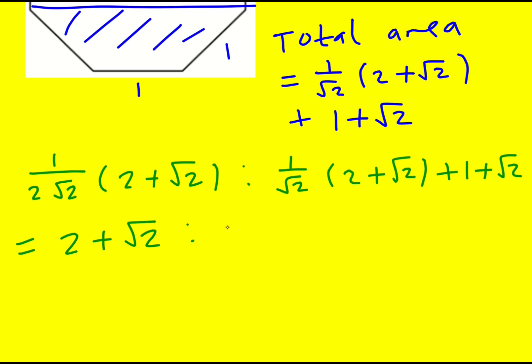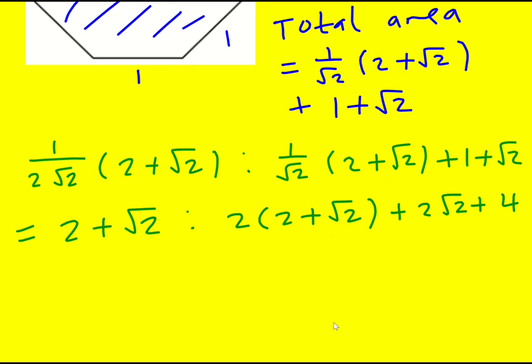So when I times this by 2 root 2, I'm going to get 2. I have to times each of the terms. When I times this term by 2 root 2, this is going to be 2 bracket 2 plus root 2. When I times this by 2 root 2, I'm going to get 2 root 2 plus 4, because 2 root 2 times root 2 is 4.